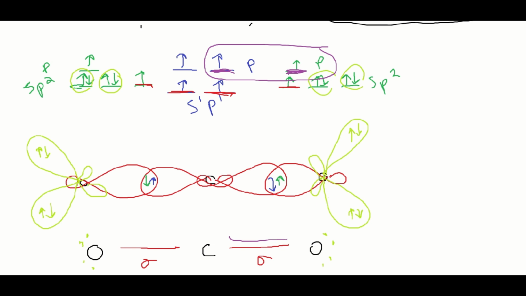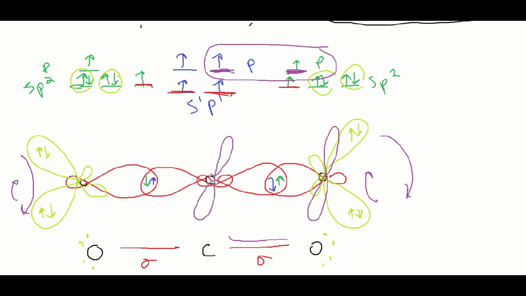I should have angled this a little bit more. Now you've got to imagine we're going to rotate this so it's on the plane going through the screen, because I need to make this one come out of the top. There's your p, and there's your py.